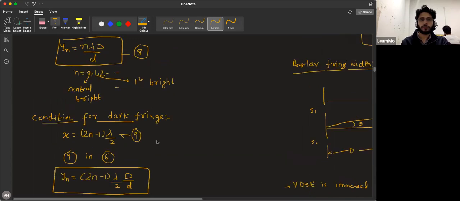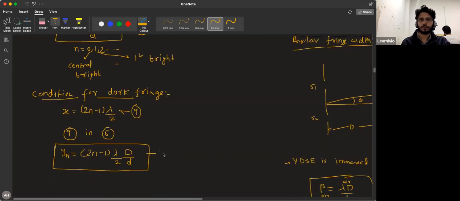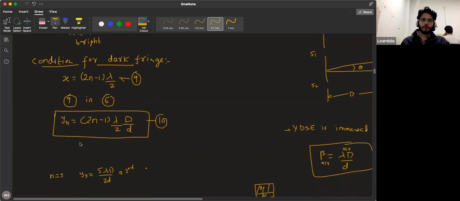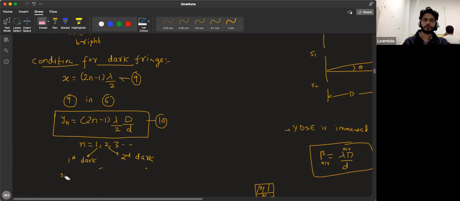Let's call this equation number 10. And your n will start from 1. N is 1, 2, 3, and so on. N is 1 means first dark. N is 2 means second dark, and so on. You just keep on changing the value of n, and the dark fringe will change.